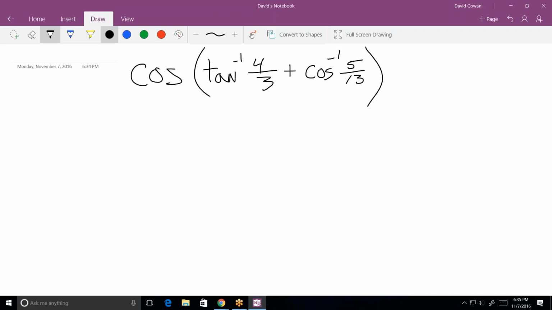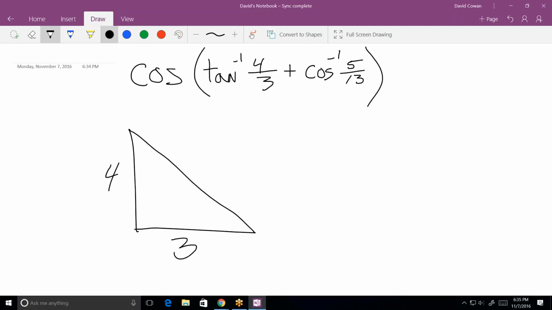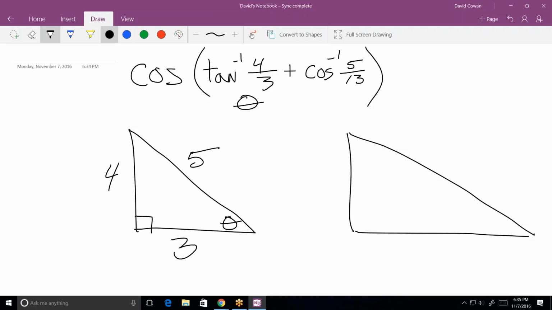Well, this one I don't think we can do directly. In other words, I could draw two triangles. First one, that's 4, that's 3, that's theta. So this is the theta angle. That necessarily has to be 5. Then if I draw a triangle over here, happens to also be a perfect Pythagorean triple.